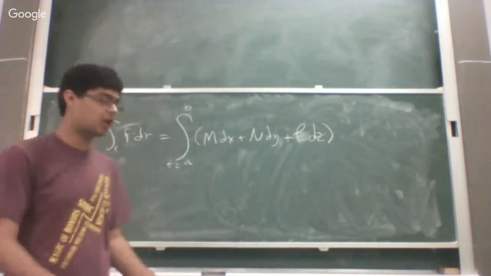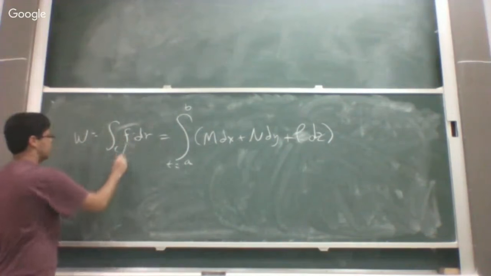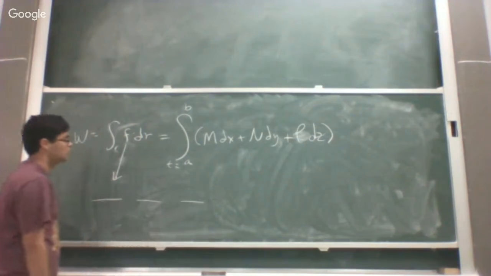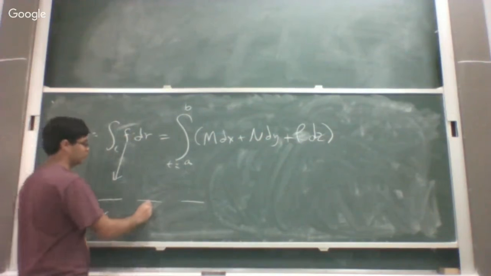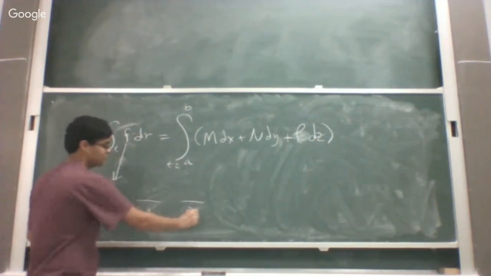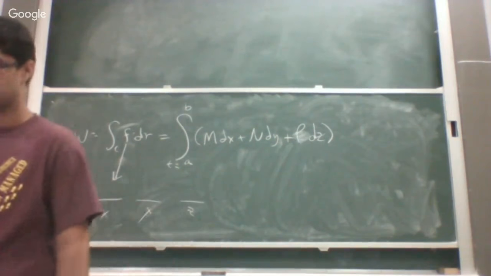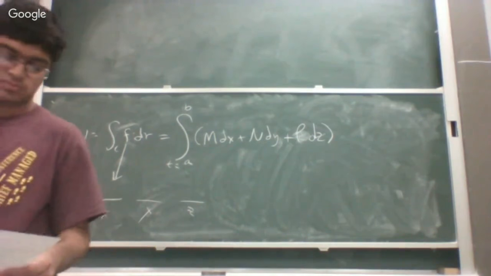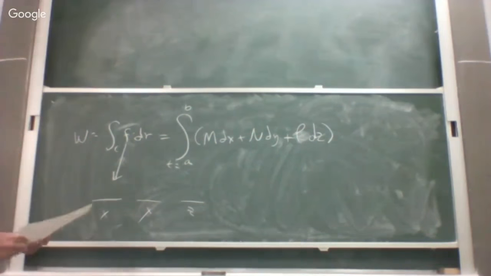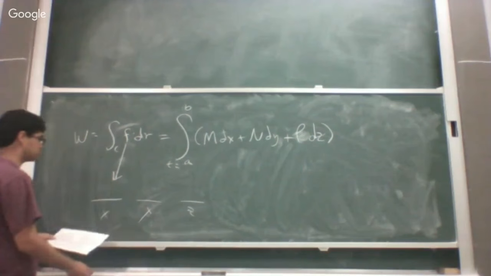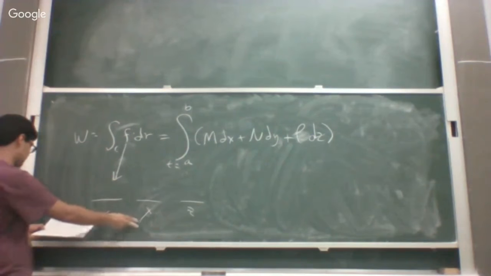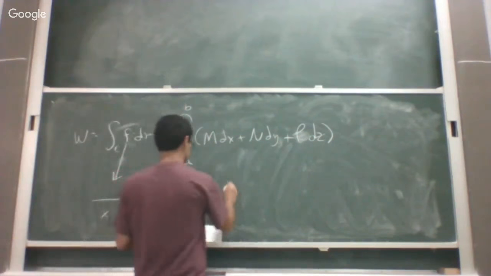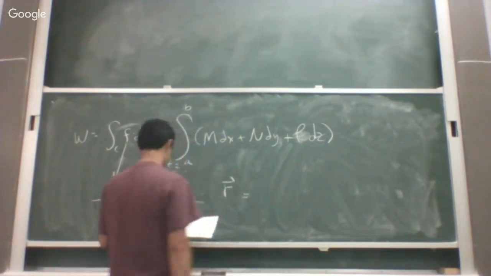So in your problems, what will end up happening is you'll have a force equation with 3 components, right? So this is your x, this is your y, this is your z. You have your force with x, y, and z, and then you'll have an r equation.